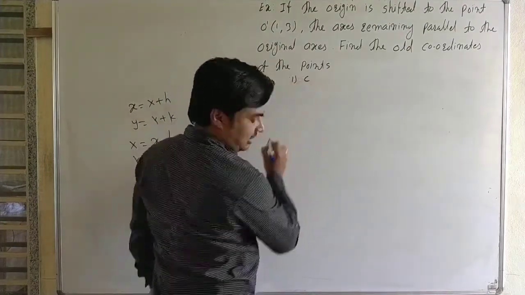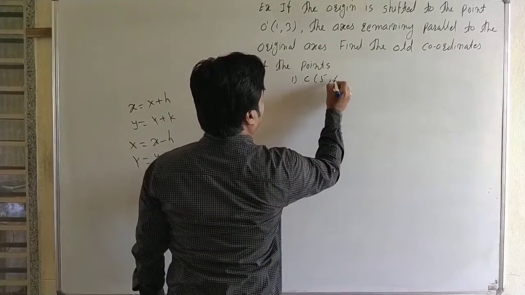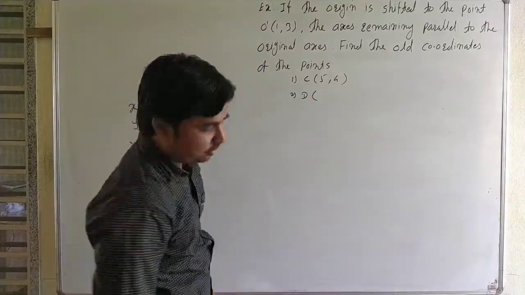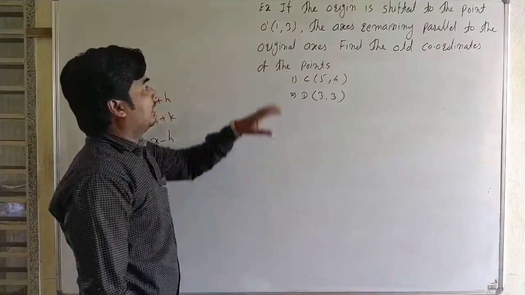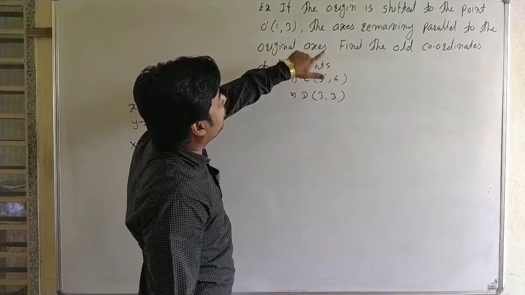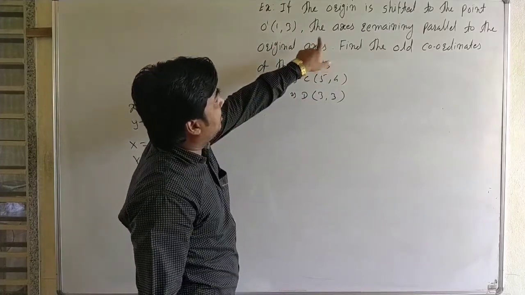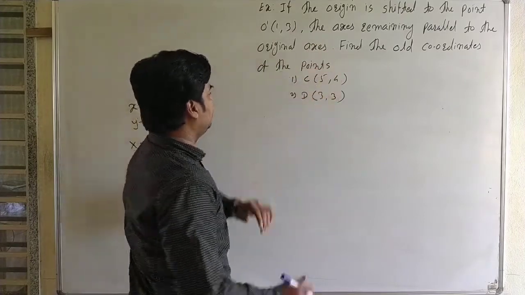Number 1 is point C (5, 4), and number 2 is point D (3, 3). Now here the new coordinates are given and we want to find the old coordinates. If the origin is shifted to (1, 3), find the old coordinates of the points. These are the new points.